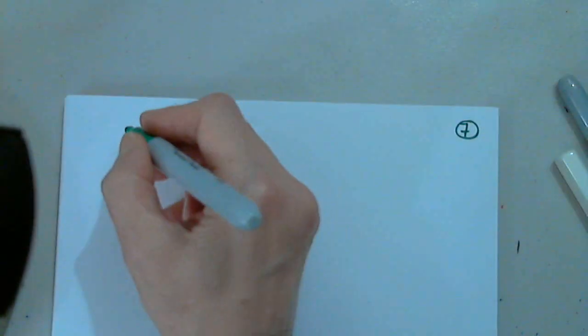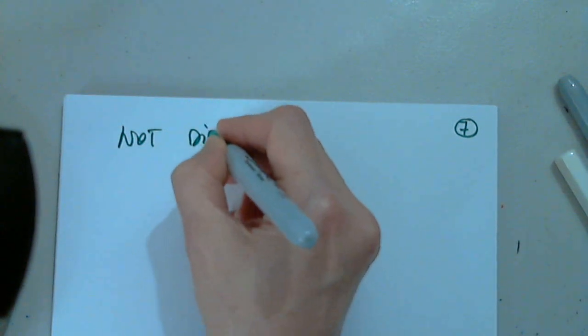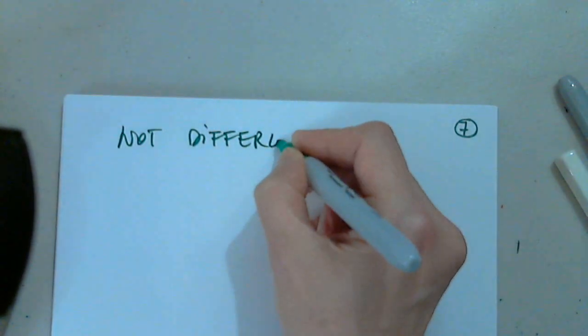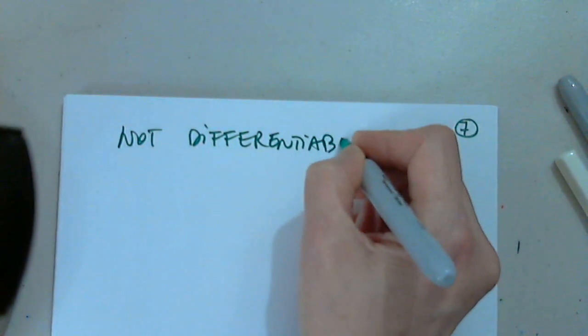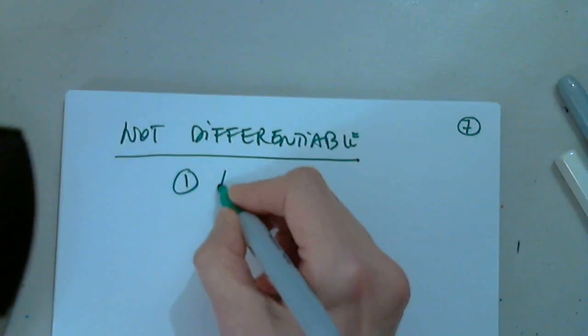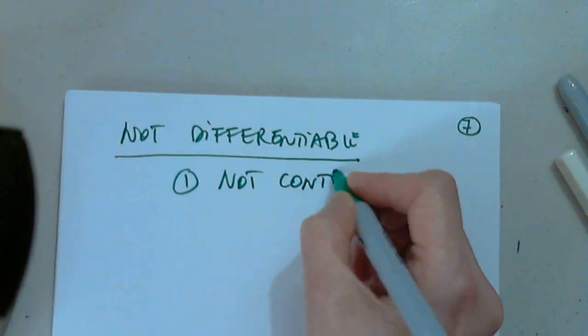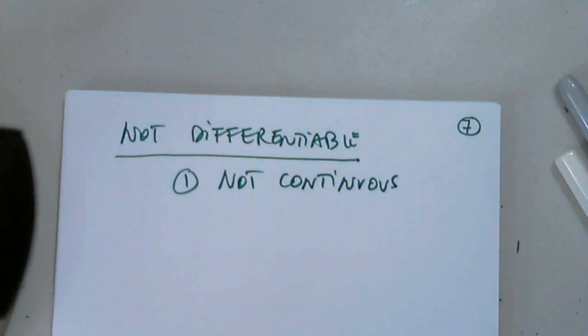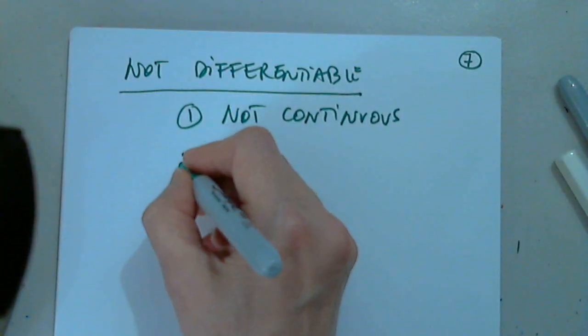So, not differentiable. When is the function not differentiable? Number one, when it's not continuous. And there are other situations.